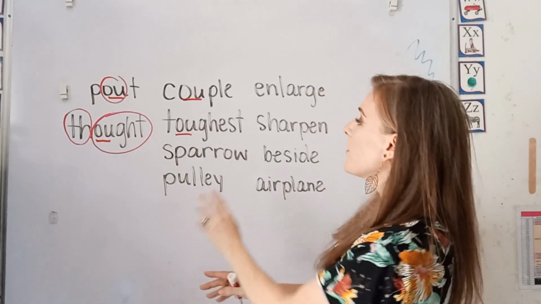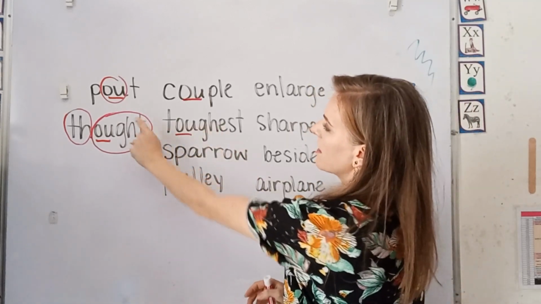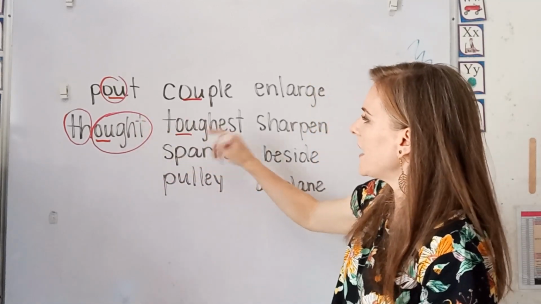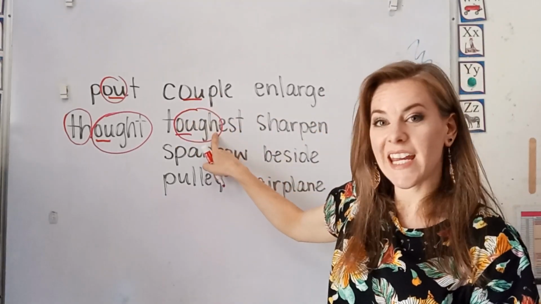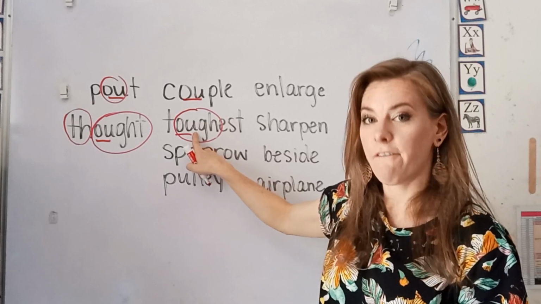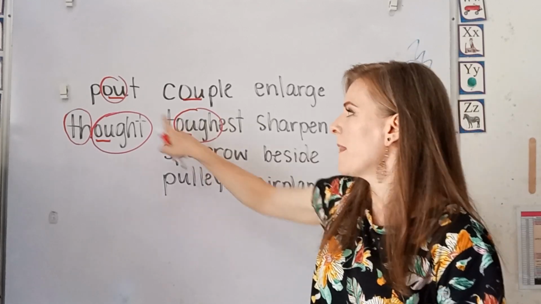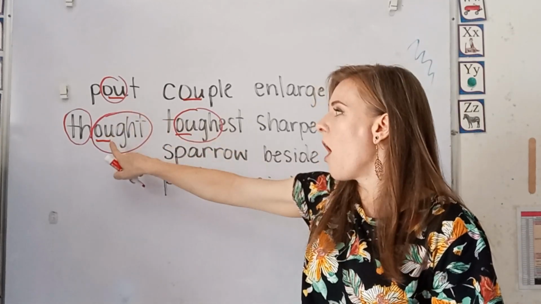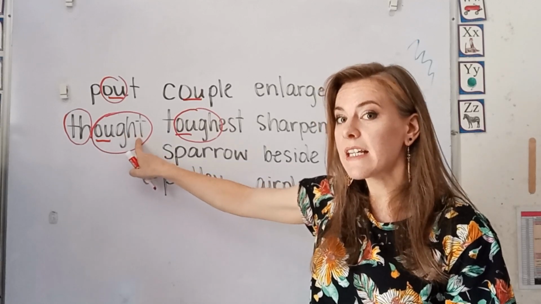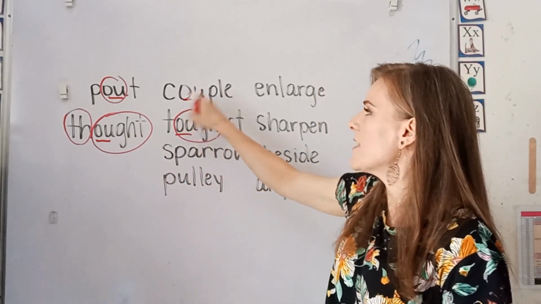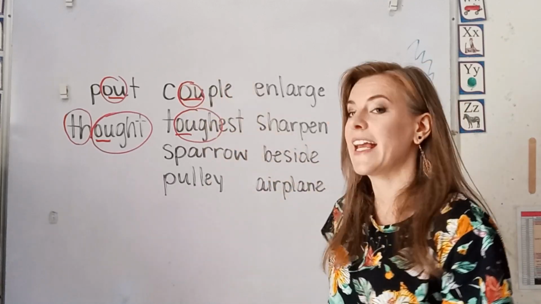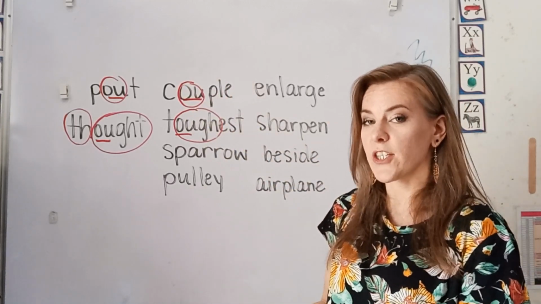Now, without the T, so here it has a T, here, there is no T. This says uff. So ow, ought, without the T, and this one is the ou in country that we just looked at.